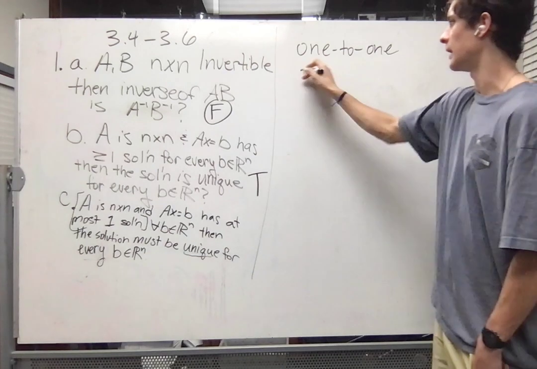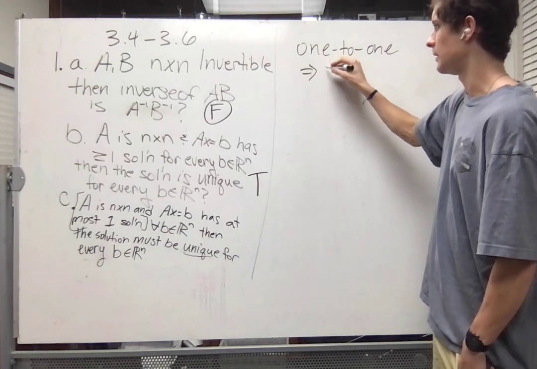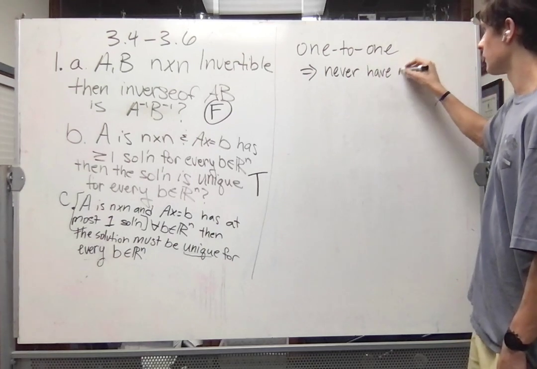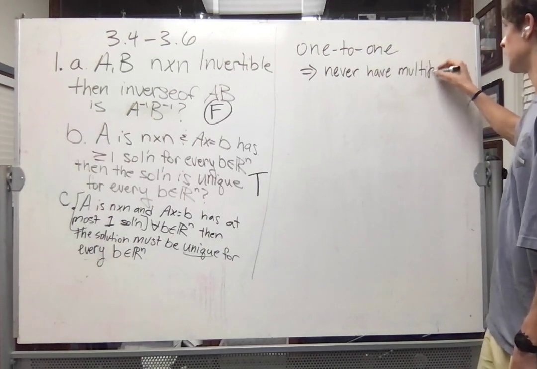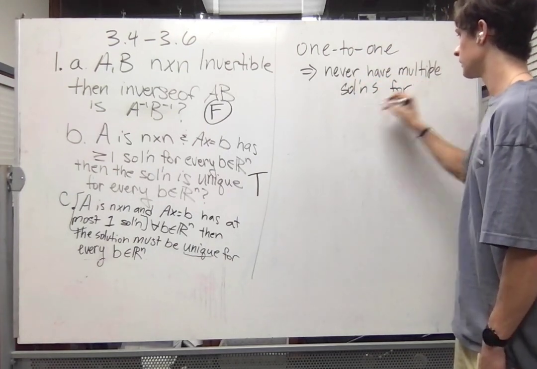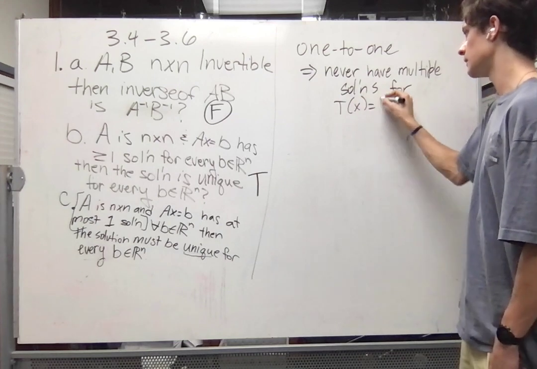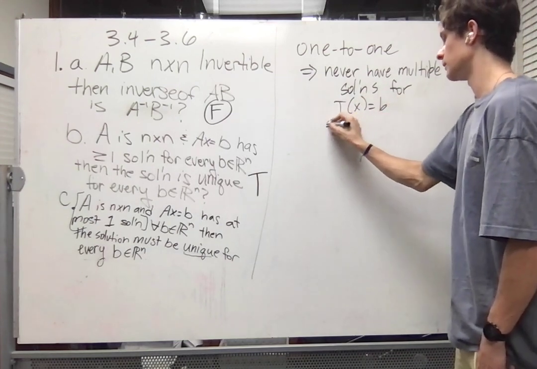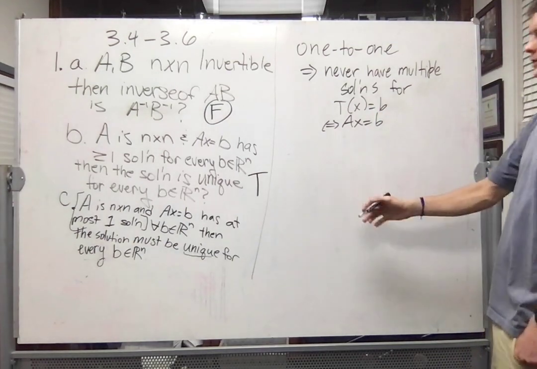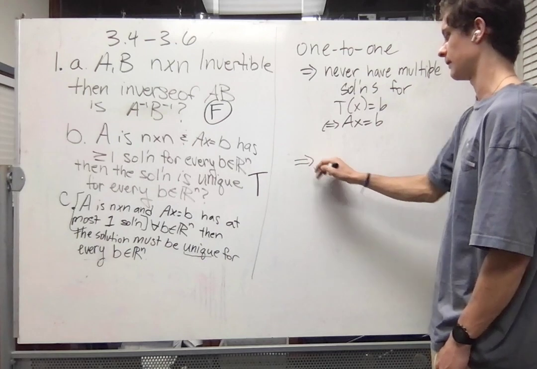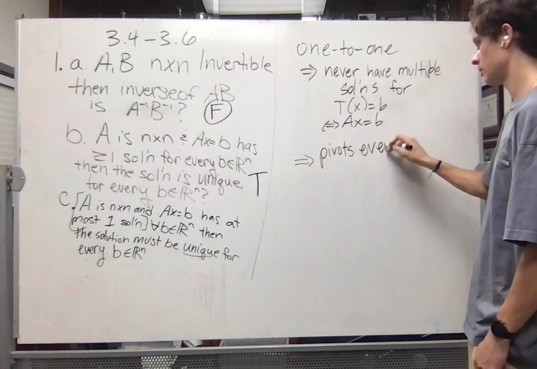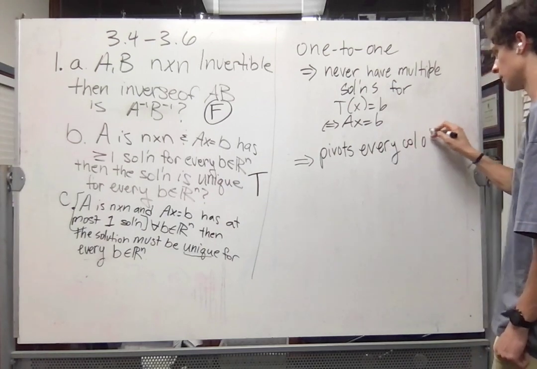One-to-one means you never have multiple solutions for T of x equals B, which is equivalent to AX equals B. And if we look at this definition, that tells us that we have to have pivots in every column of A.